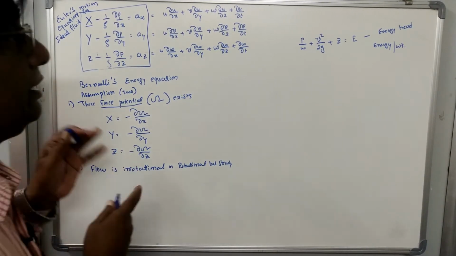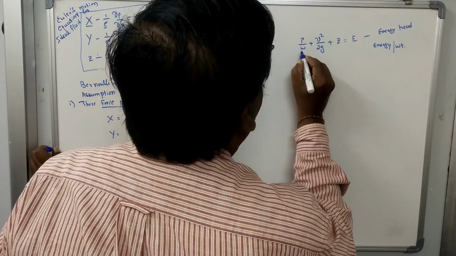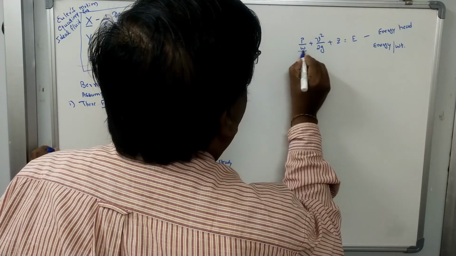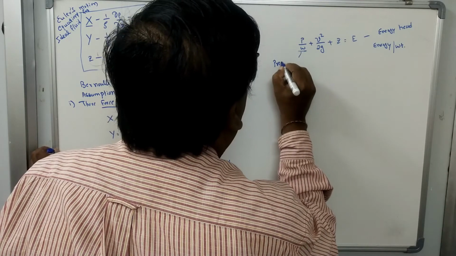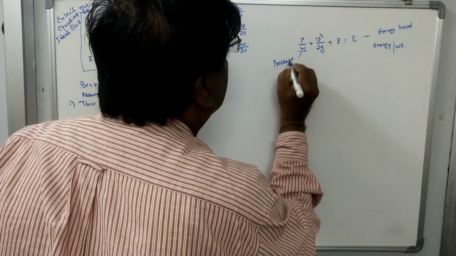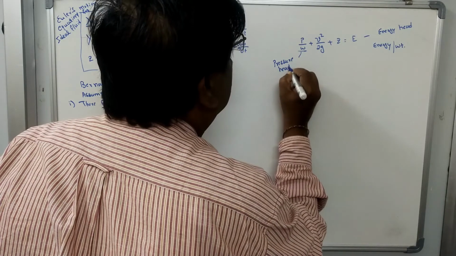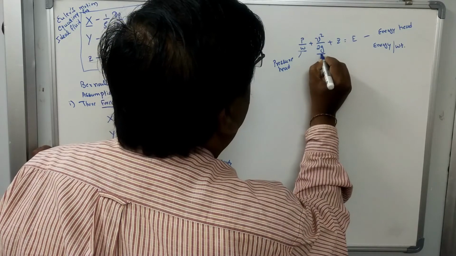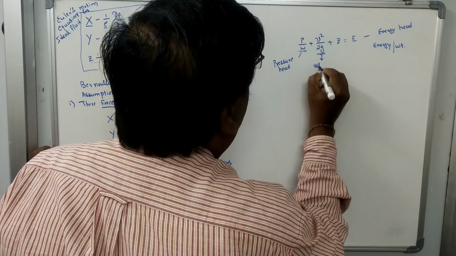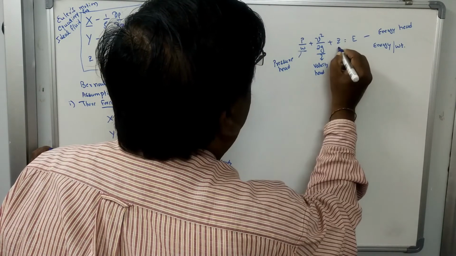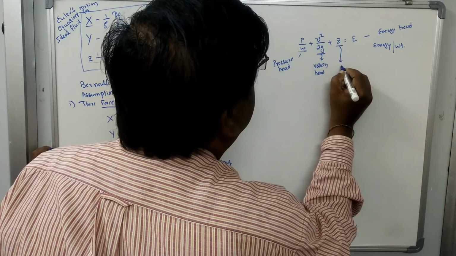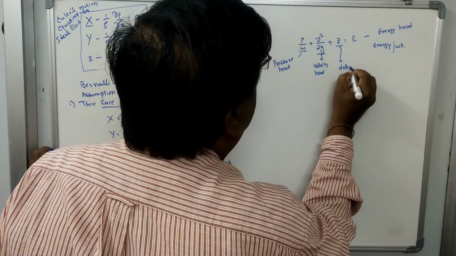In the Bernoulli's energy equation, the first term P/W is called the pressure head. Then V²/2g is called the velocity head. And Z is the datum head.